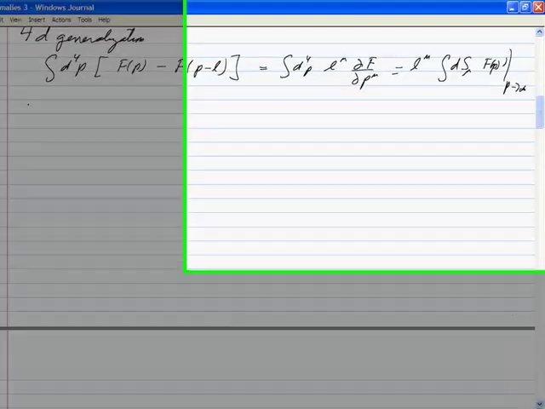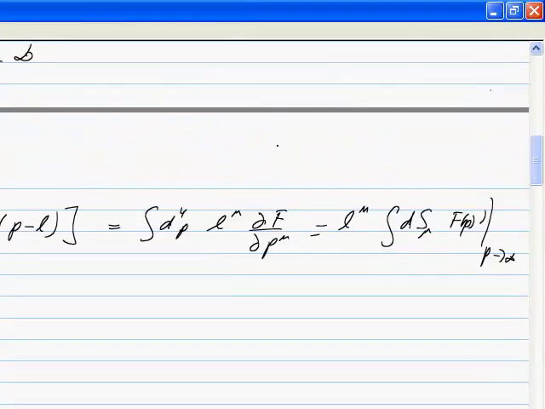So I mean, this is like in 3D space if we had some function of x minus x0.